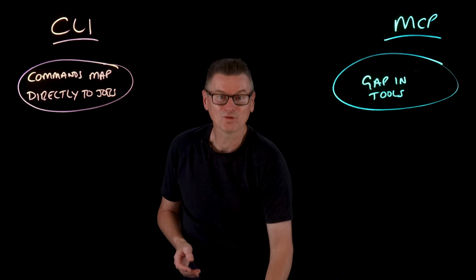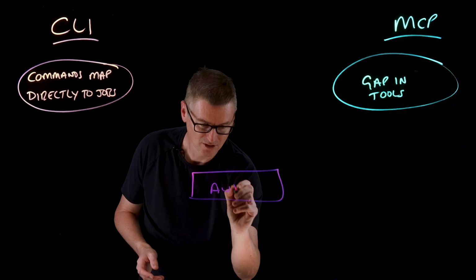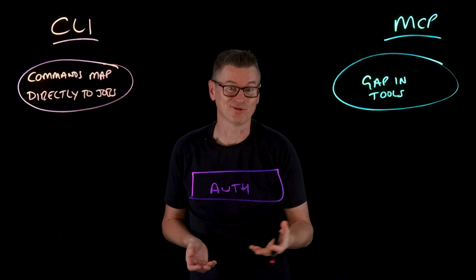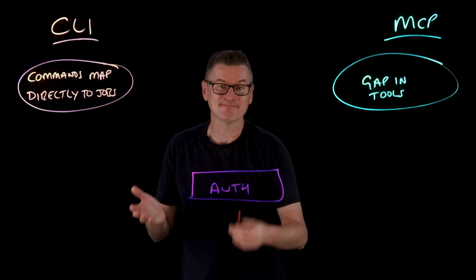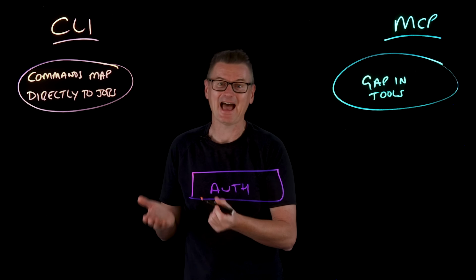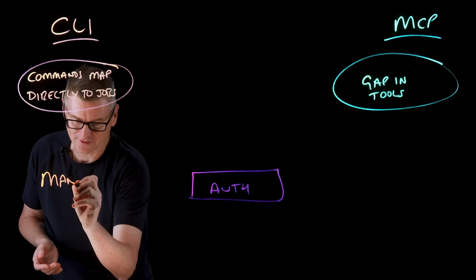And that extends to all sorts of other things as well. So for example, what about authentication? So authentication of Slack or Notion or databases. Well, with CLI, the agent is managing the OAuth tokens, it's looking up channel IDs, it's handling token refresh. Basically, all of this stuff is quite manual.